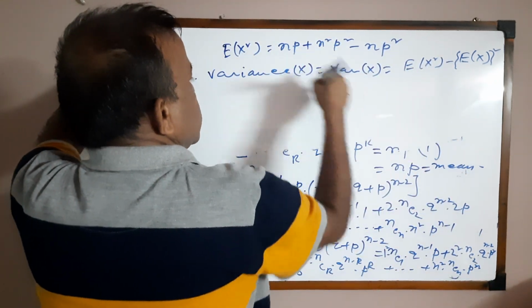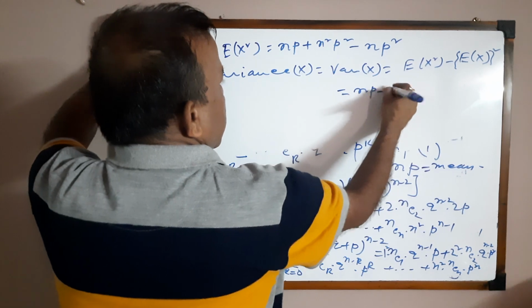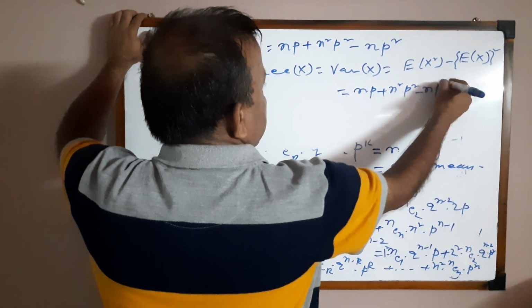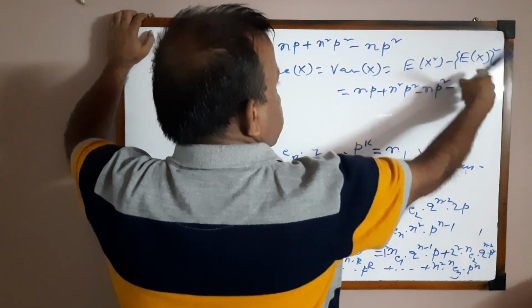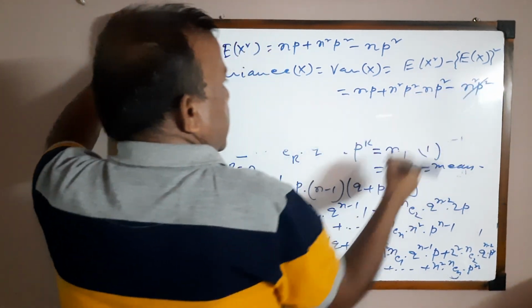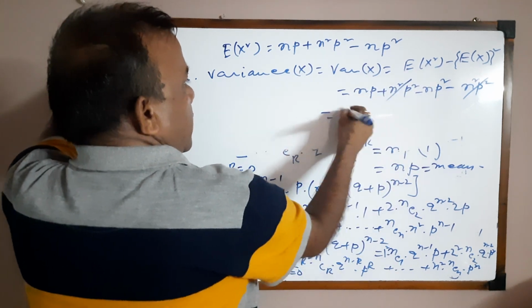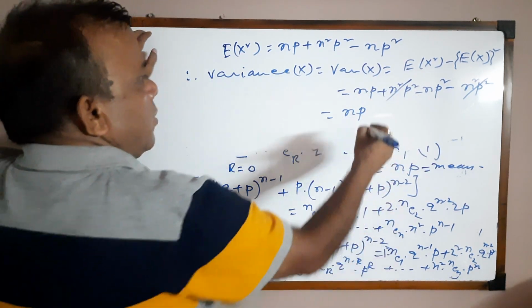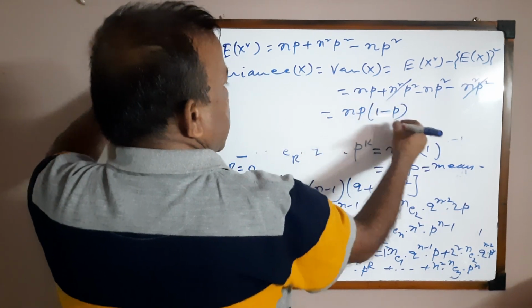E(X square) means np plus n square p square minus np square. E(X) means np, whole square, which is n square p square. Taking np as common from these, we get np into (1 minus p).